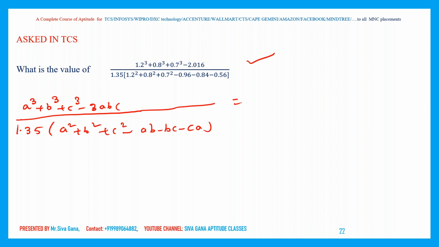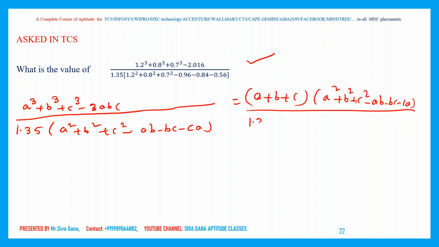Denominator, right? Now numerator can be written as A plus B plus C into A square plus B square plus C square minus AB minus BC minus CA, whole divided by denominator 1.35 into the term A square plus B square plus C square minus AB minus BC minus CA.